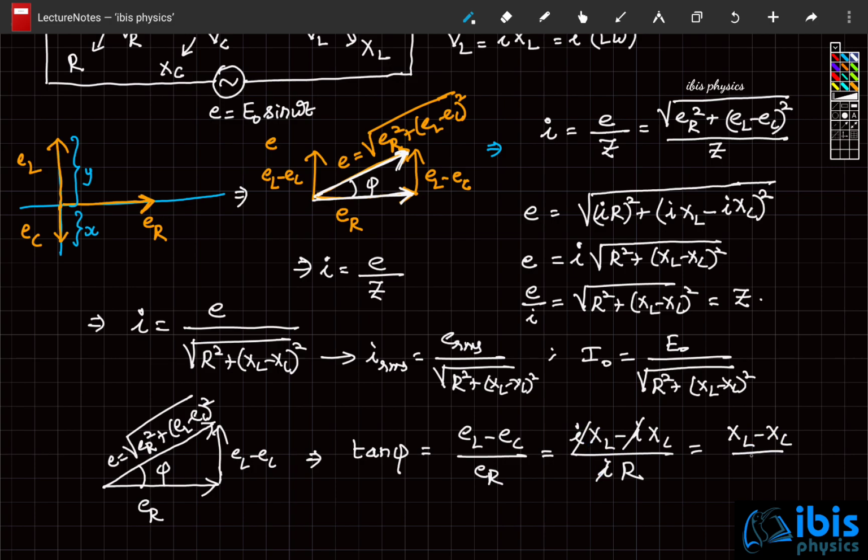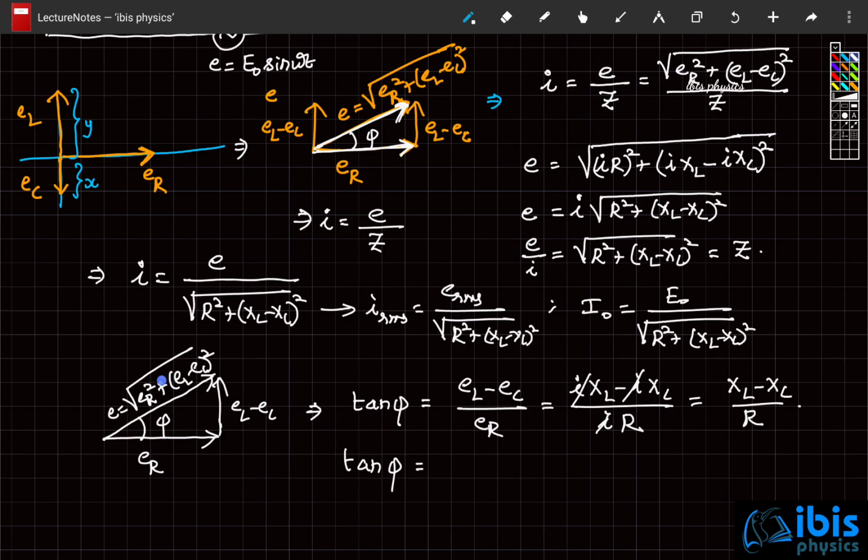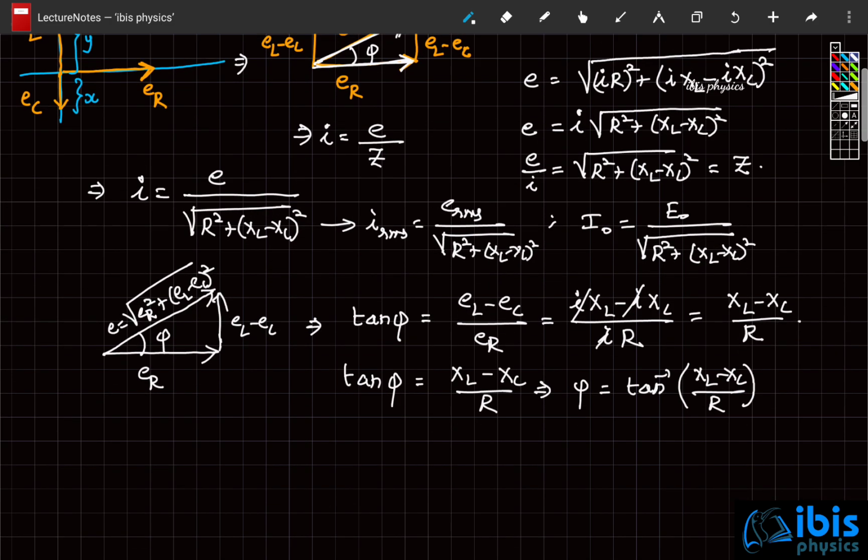So XL minus XC divided by R. So tan phi, where phi is the angle between the applied EMF and the resultant EMF, is XL minus XC divided by R. In other words, phi is equal to tan inverse of XL minus XC divided by R. But you know what XL and XC are. So let me write phi, the angle between the applied EMF and the resultant current also we can see.